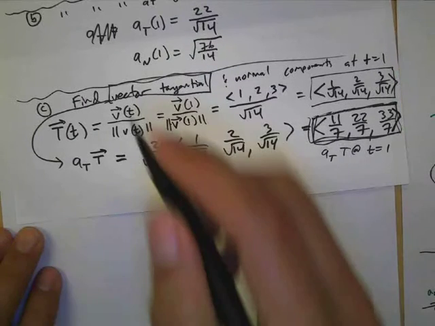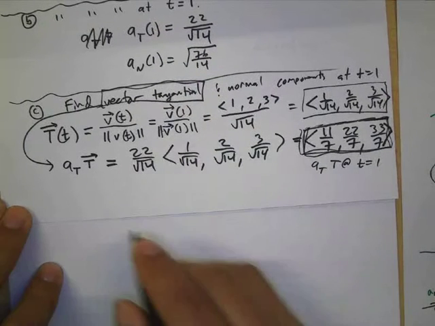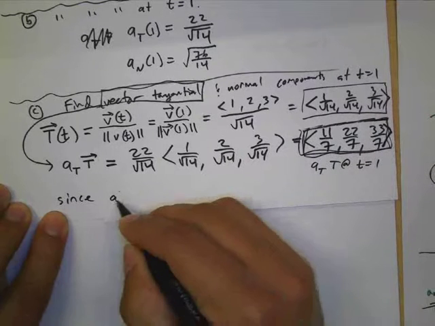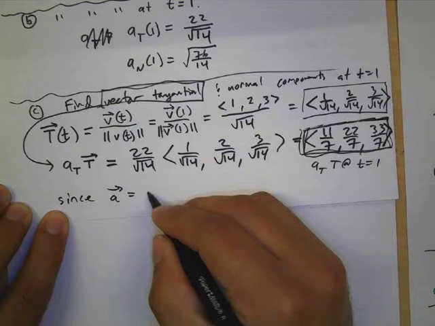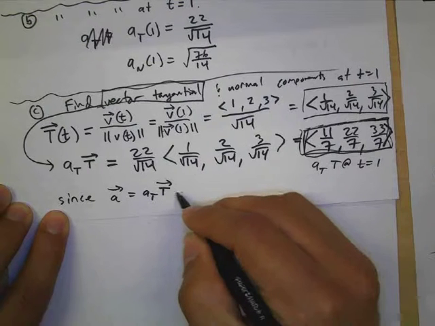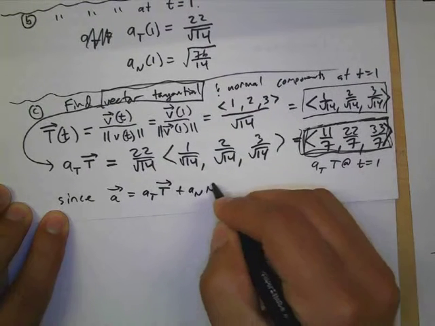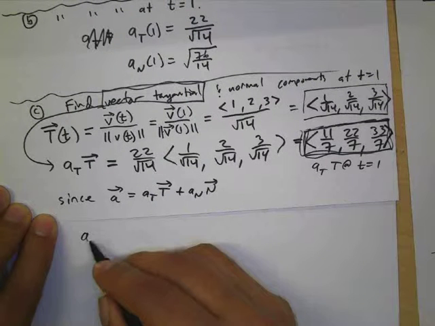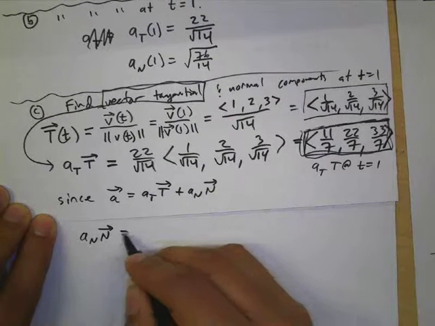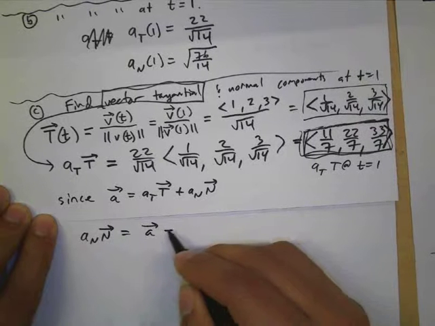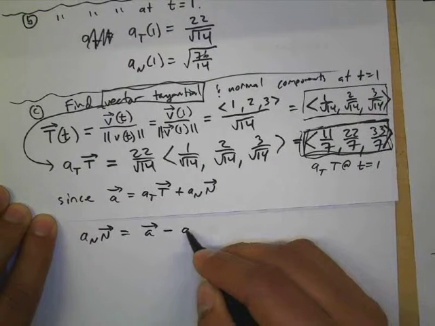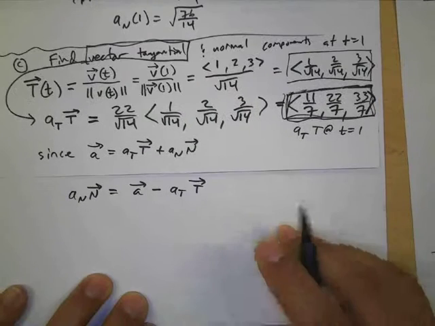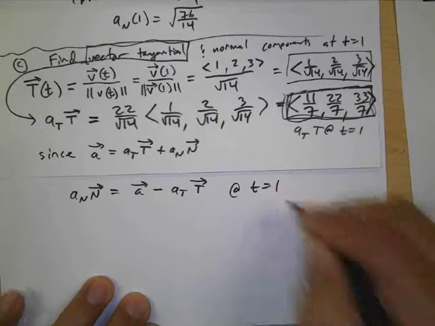All right? So the normal part, since we know acceleration is just a sub t times unit tangent plus a sub n times unit normal, I'll just say that my normal component will be acceleration minus a sub t times unit tangent at t equals 1.